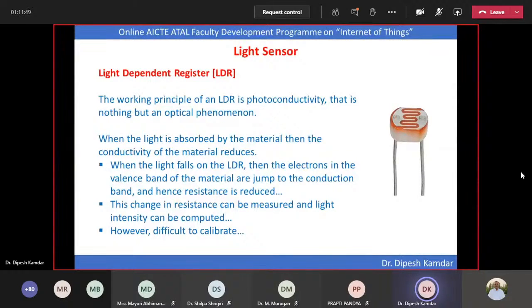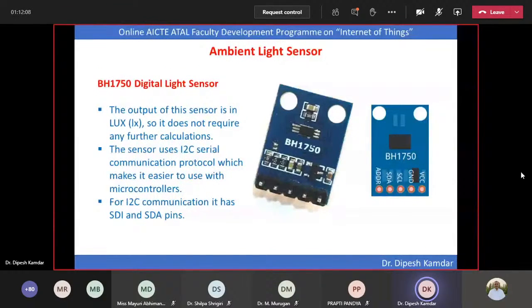So it is not used for finding out the intensity of light, but is very useful for taking decisions on whether the light intensity is good enough or not. In order to find out the intensity of light present, it can be sensed by the ambient light sensor.